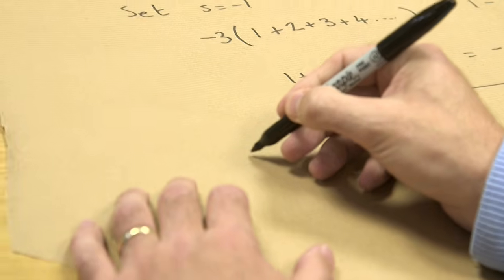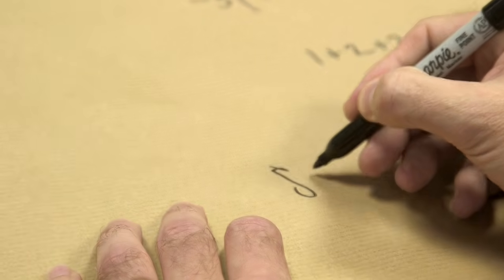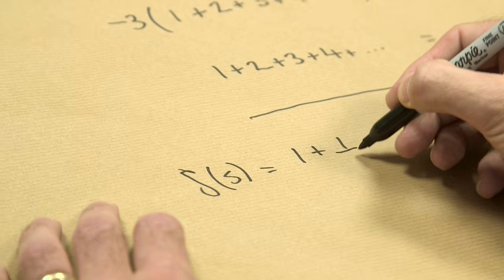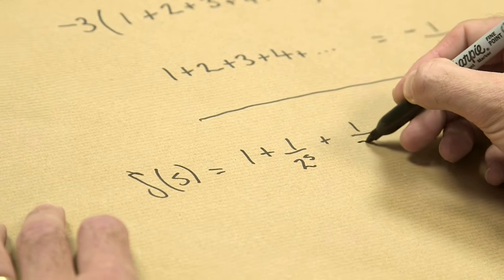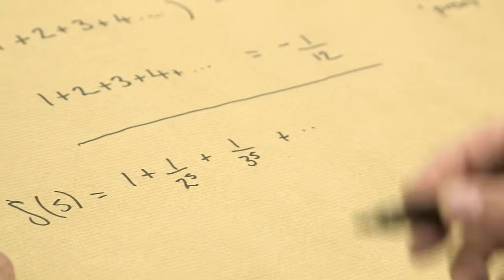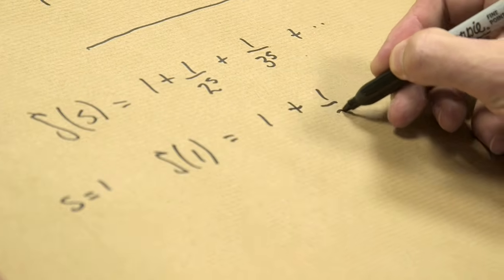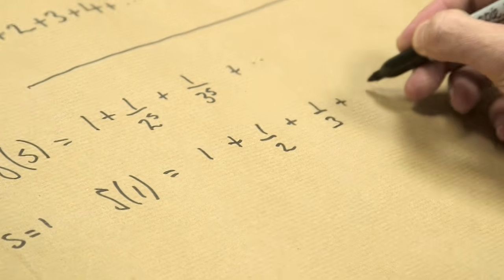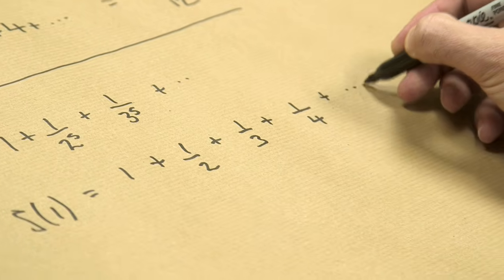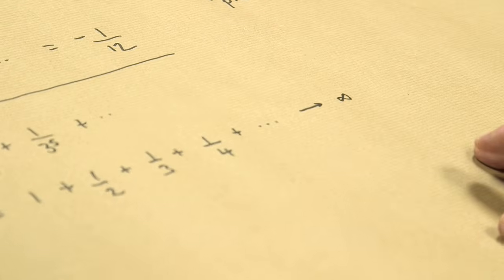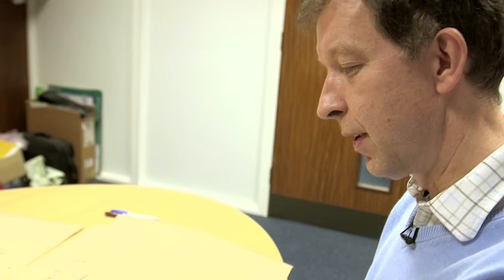So remember what zeta of s was: 1 plus 1 over 2 to the s plus 1 over 3 to the s, etc. If I set s equal to 1, then zeta of 1 is 1 plus a half plus a third plus a quarter. And this is a very slowly diverging series. This tends to infinity.